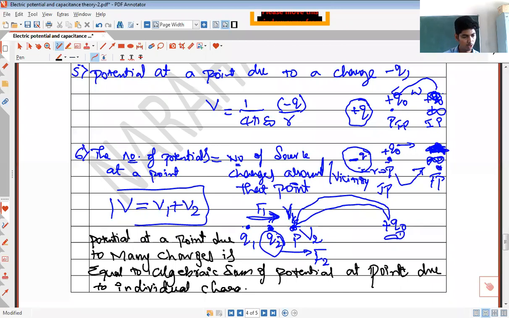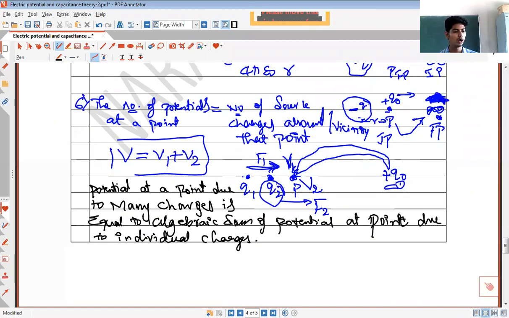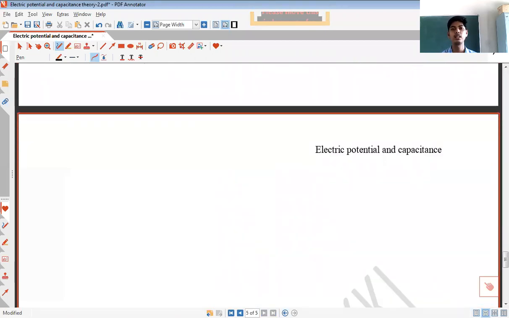Potential will always be present at a point. So this is regarding potential at a point due to many charges, right? So this is all regarding the idea of electric potential.